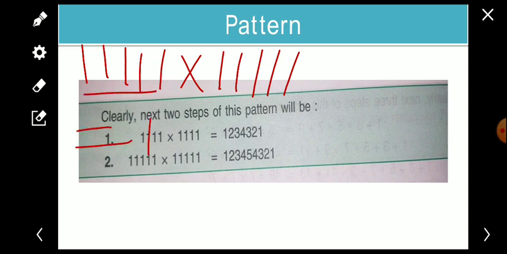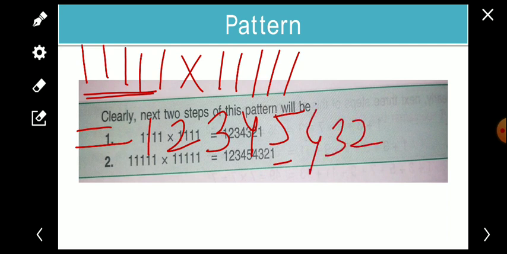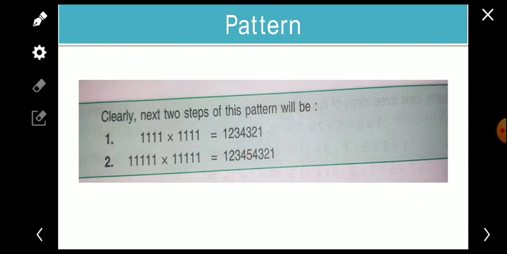So we'll write 1 2 3 4 5. Up to 5 we have come. Only 5 were there, so I have stopped at 5. Now we'll go in the reverse manner, 4 3 2 1. I hope that you understood.